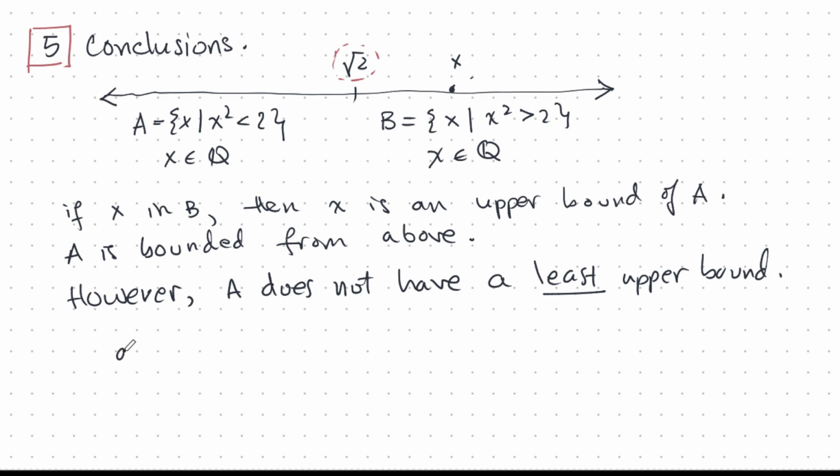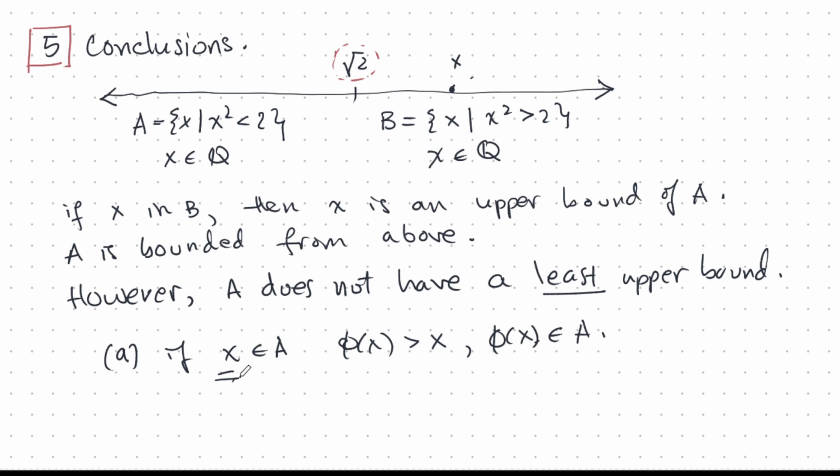Let's prove this. First of all, if x is in A, and x is a least upper bound, let's say, then phi of x is actually greater than x, and phi of x is in A. So there's no way that x can be an upper bound of A, because phi of x is in A but it's larger than this least upper bound.